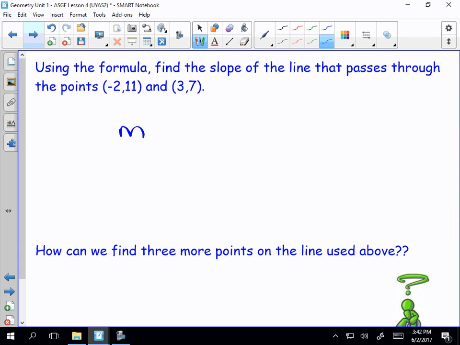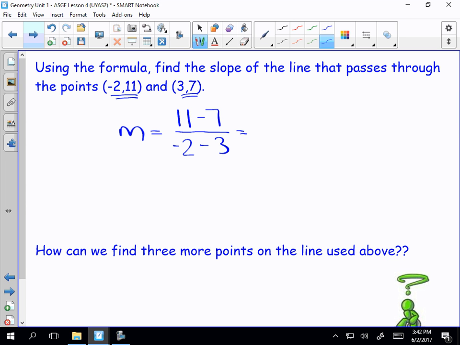So our slope, or m, equals, and you can really go in either direction. Now when I'm looking at this, I see that if I do 11 minus 7, I get a positive value. So then for my denominator, I'm going to go negative 2, making sure I'm pairing the first values from the first point, and then I have to pair the second values from the second point.